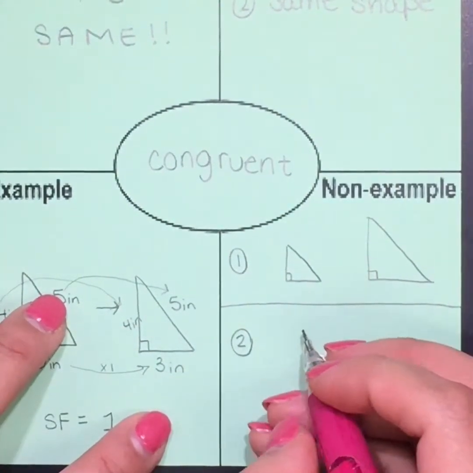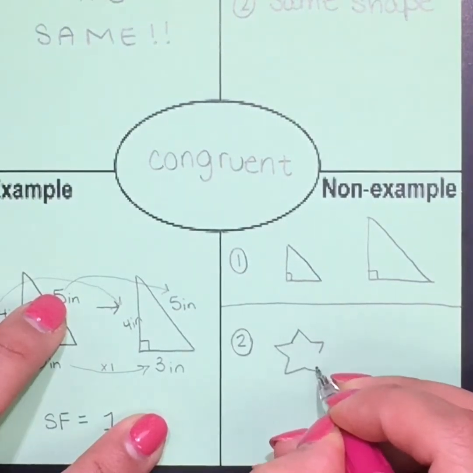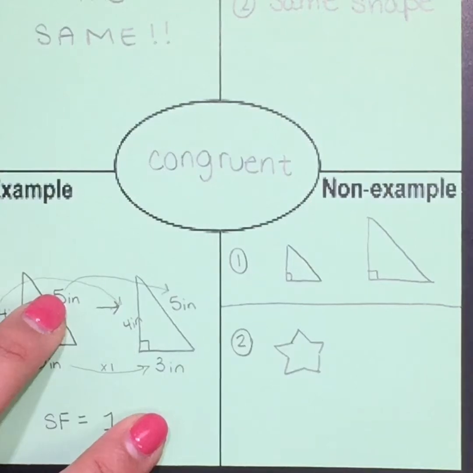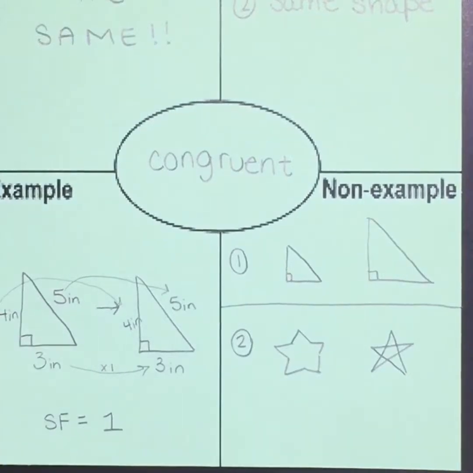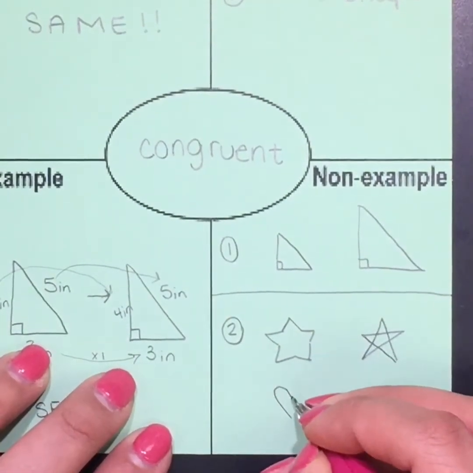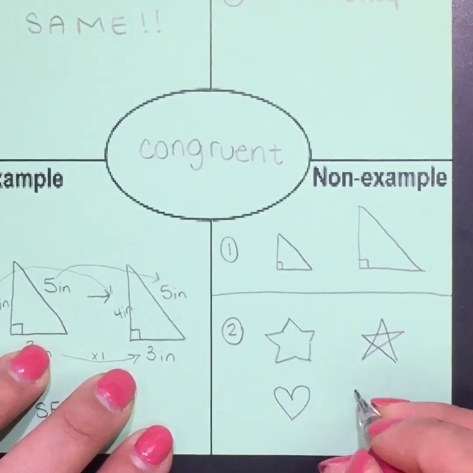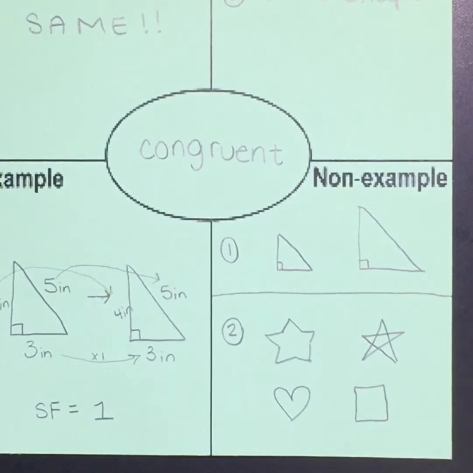Well, now for my second one, I'm going to do a star like this that's open, and then one of these stars. Okay, those are both stars, but they're not the same shape. They're not the same type of star. I could even do a heart to a square. And again, those are not congruent. They're not the same size. They're not even the same shape.